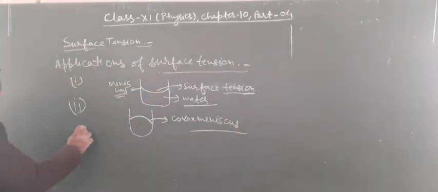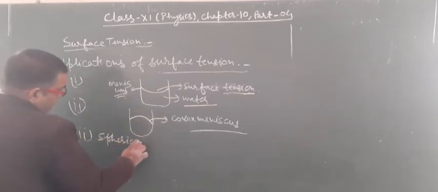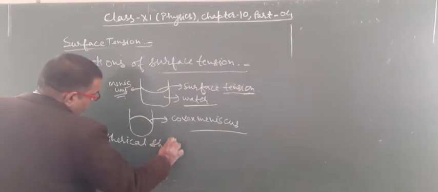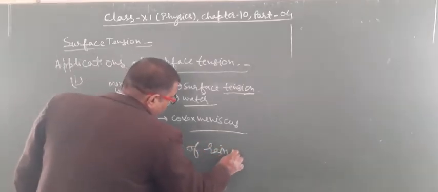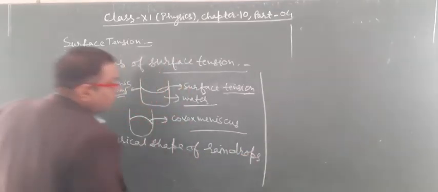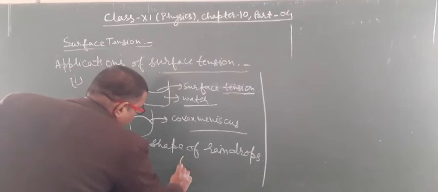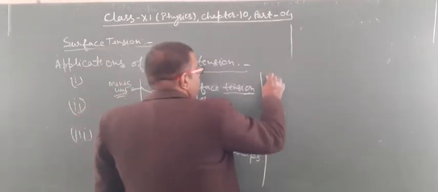The spherical shape of raindrops is also due to the surface tension.